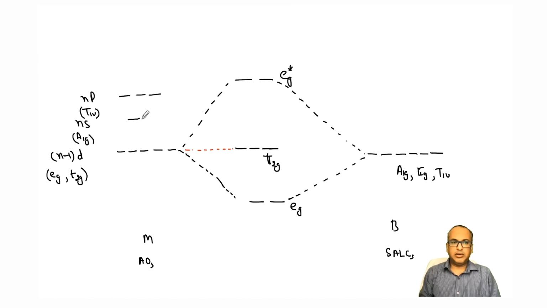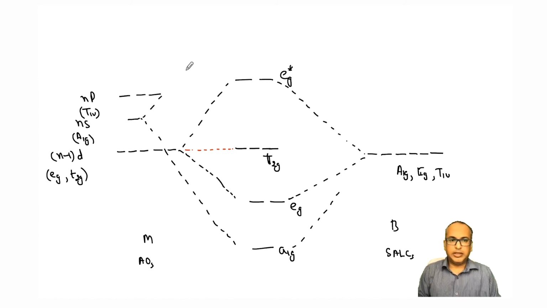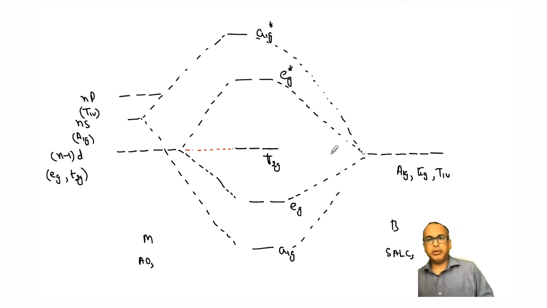Also this S will combine with one of these, so you will get A1G, and the second will go over here, A1G. Again, these energies are not precise, and even the relative energies will depend on the direction of the ligand approach, the repulsion, the extent of overlap. All those will define whether EG will be more stable or A1G will be more stable and so on.